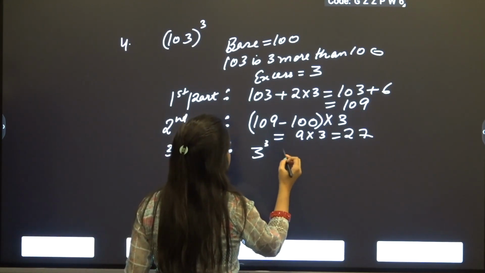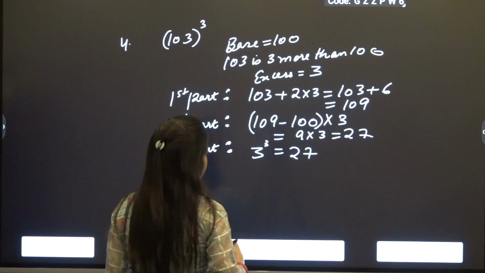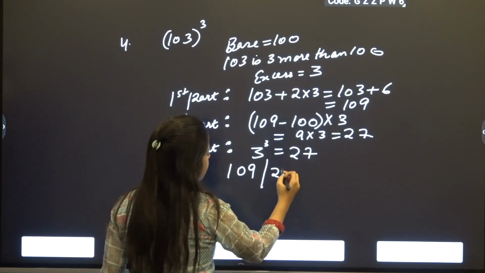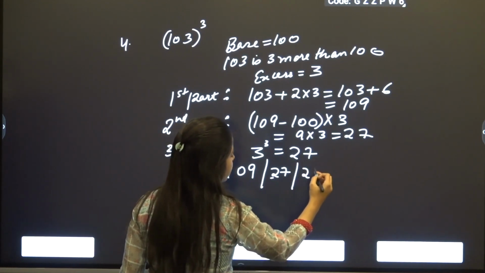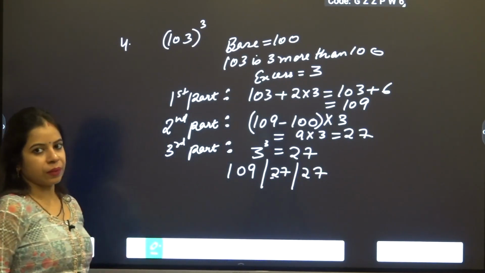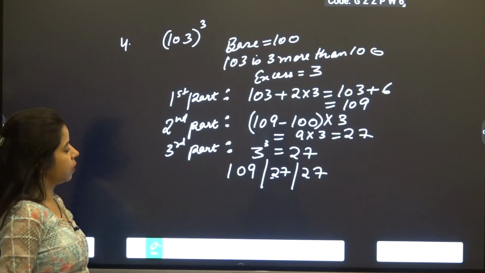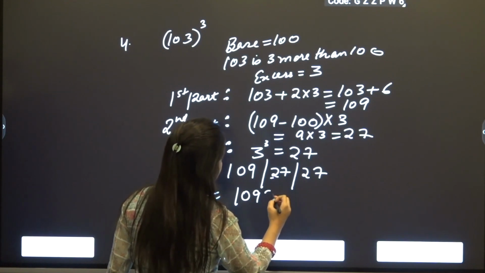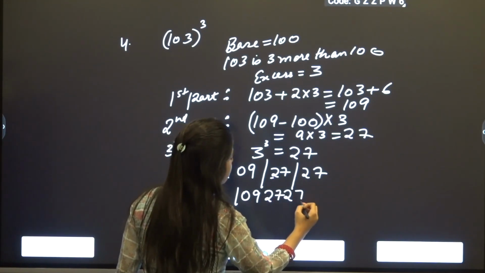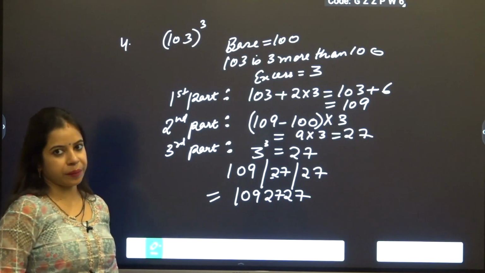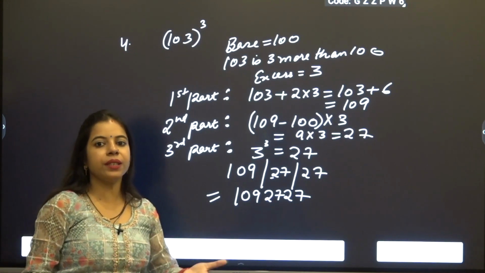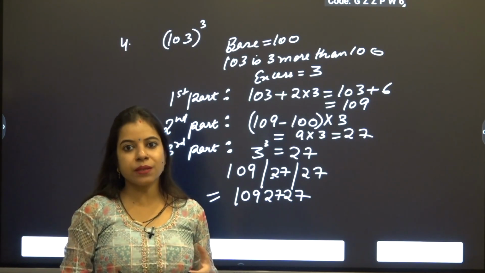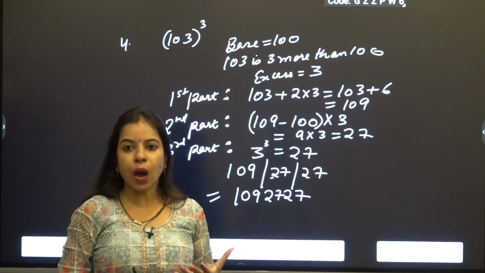So 3 cube I know is 27. For the final answer, I am going to write first part, second part, third part. So the final answer is 1092727.